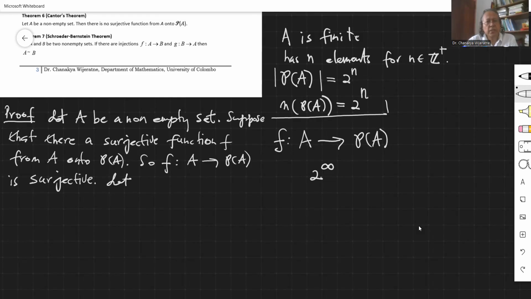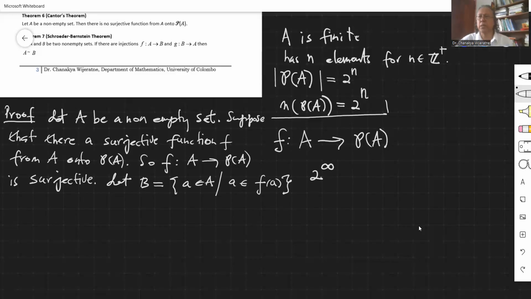He considered this set: let B be the set of elements a in A such that a does not belong to f of a.